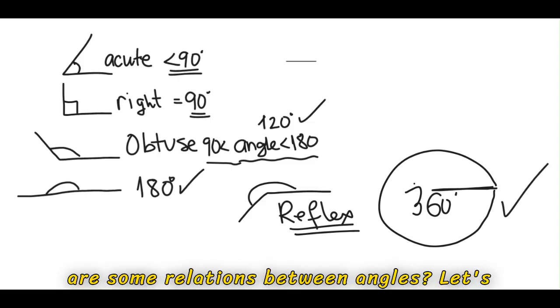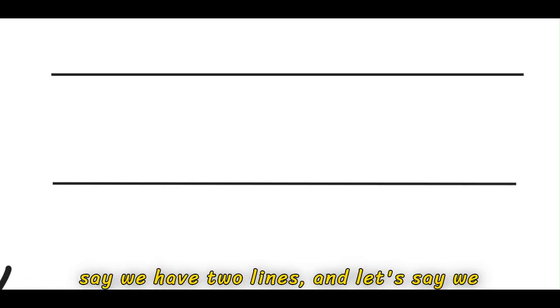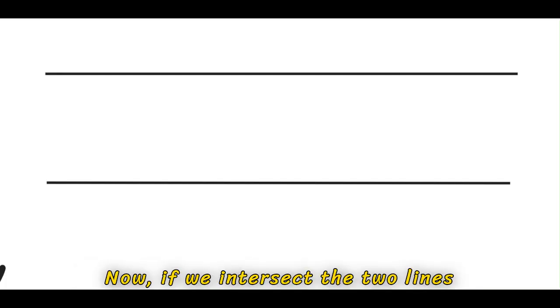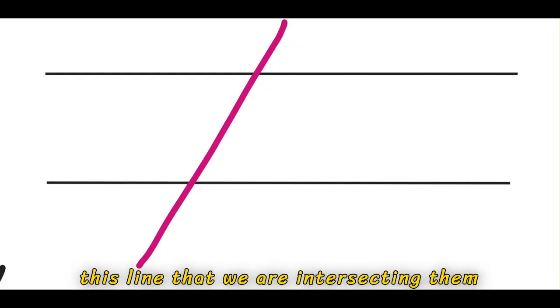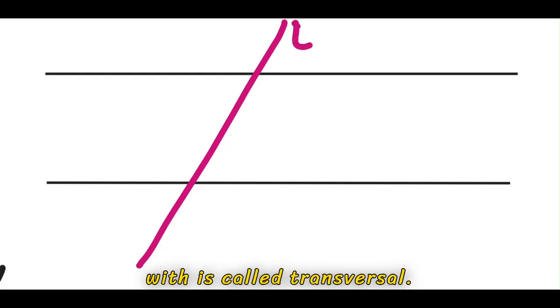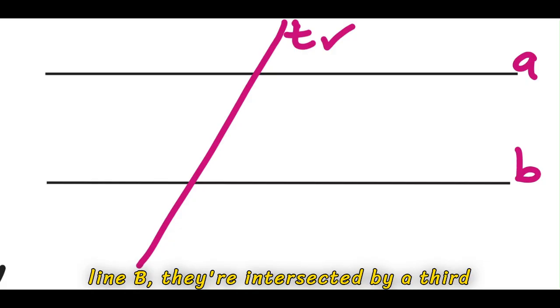Now, what are some relations between angles? Let's say we have two lines, and let's say these two lines are parallel. Now, if we intersect the two lines by a third line, then this line that we are intersecting them with is called a transversal. Okay? Let's say this is our line A, line B. They're intersected by a third line.